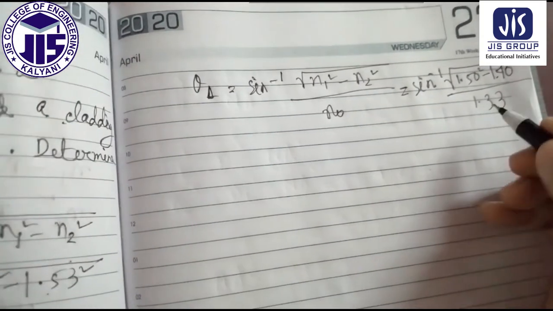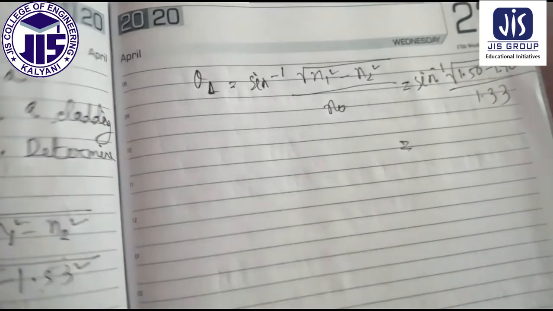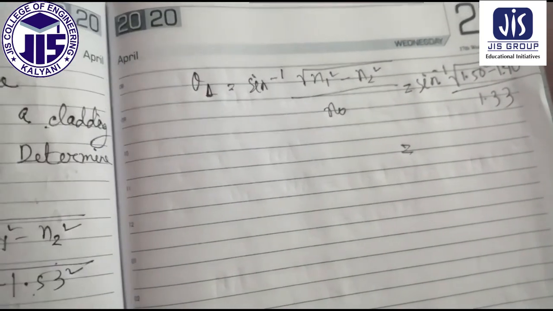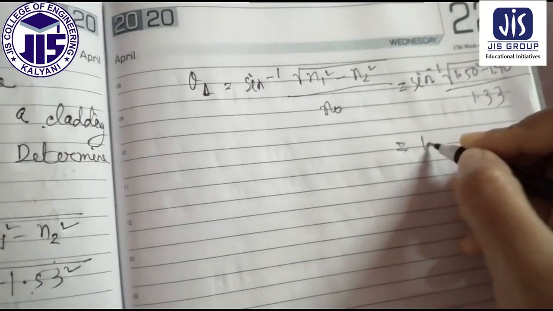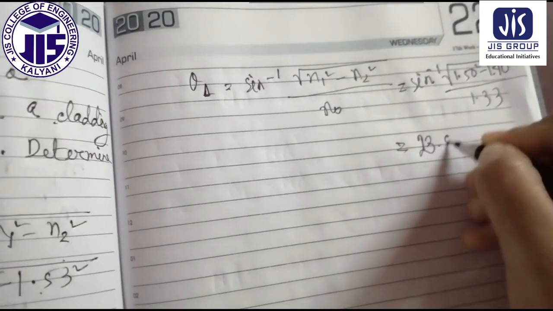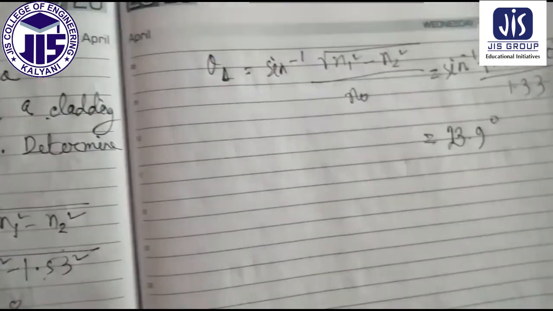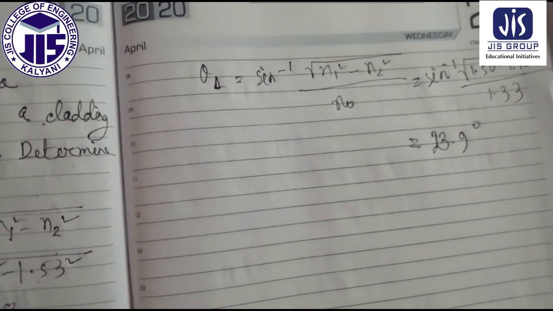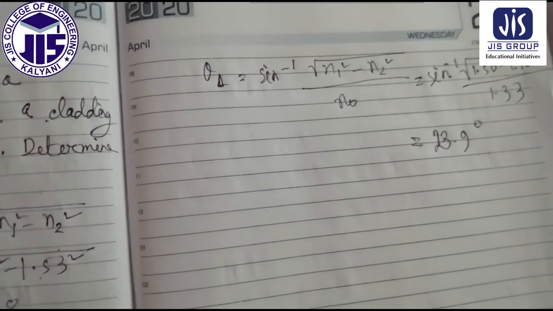If we put the values in the calculator, then finally the answer will be 123.9 degree. So this is the value of the acceptance angle.